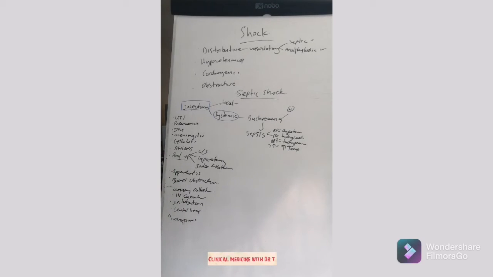I know if you go to the hospital, you will find that yes, as doctors we use infection and sepsis interchangeably, but truly and strictly speaking, infection is just infection. You cannot say a patient who's got a localized infection has got sepsis.